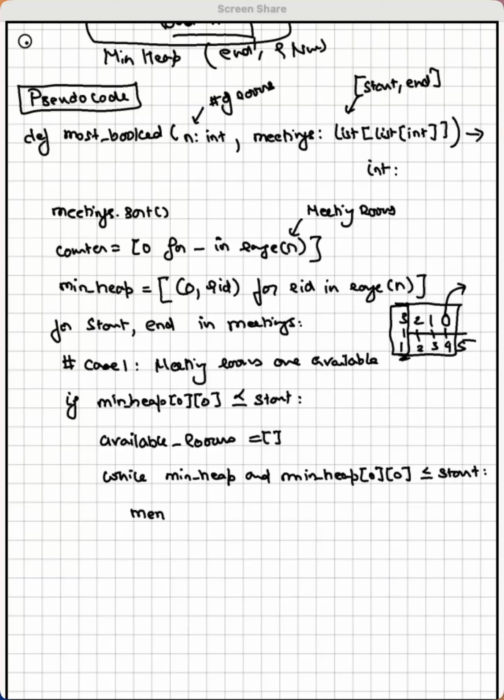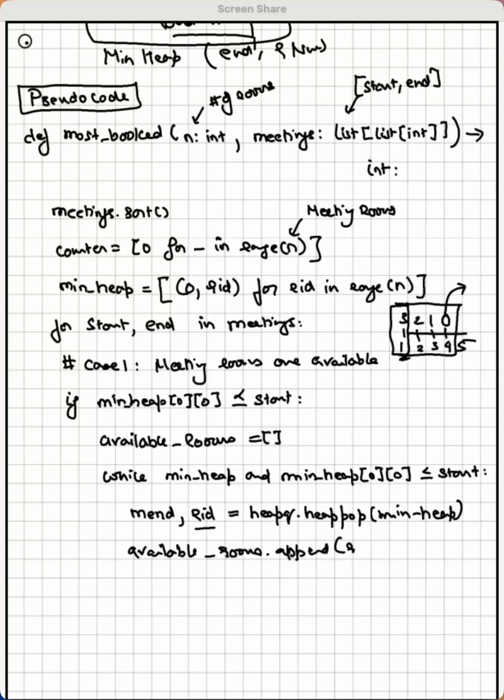So I say meeting end, comma, room ID is equal to heapq dot heappop of min heap. Now let's add this to the available rooms. So available rooms dot append RID.